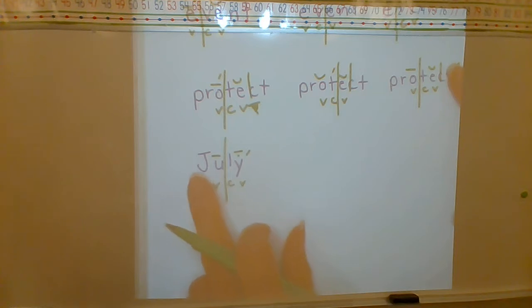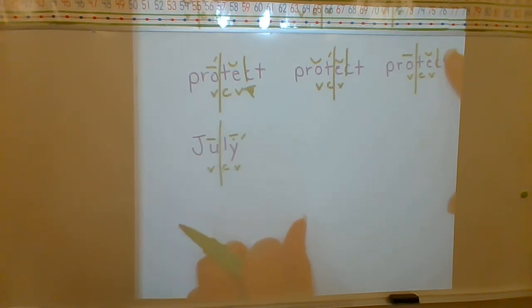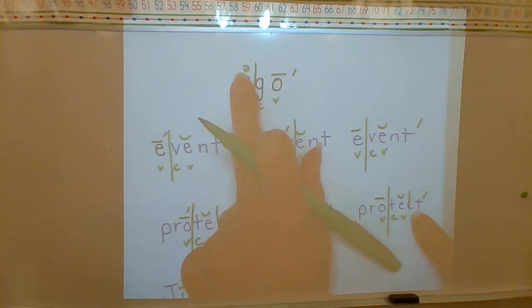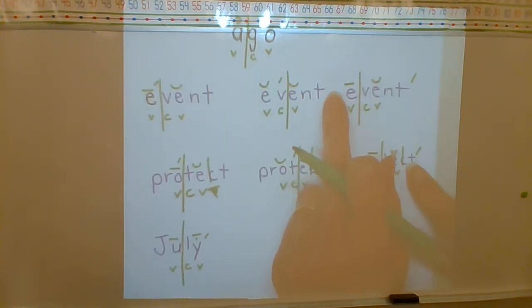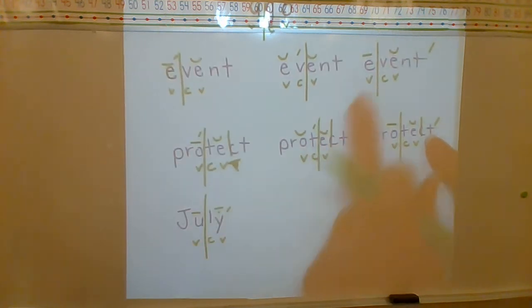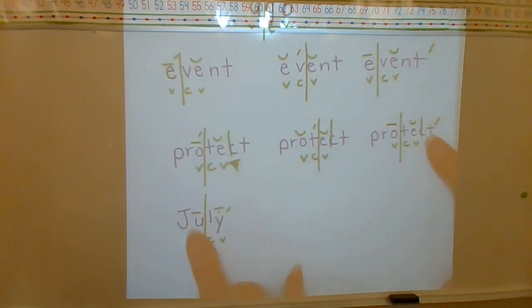Let's decide. Is that word July or Julie? No, July. So what's happened? A, schwa, accent on the end. E, O, and U are making their long sound when we have the accent on the end.